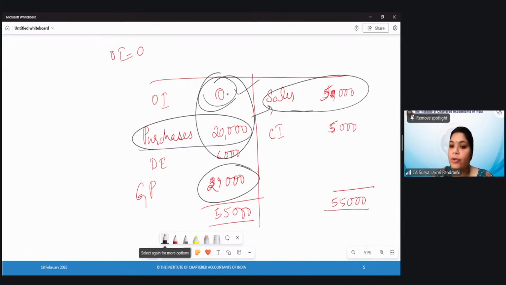So it is not an issue for sure, because opening inventory in some cases will be there, in few businesses opening inventory will not be there. But purchases, जो purchase करेंगे हम year में, in that year वही sell करेंगे और revenue generate करेंगे, उससे हमारा gross profit आ जाएगा. ठीक है, clear अभी?